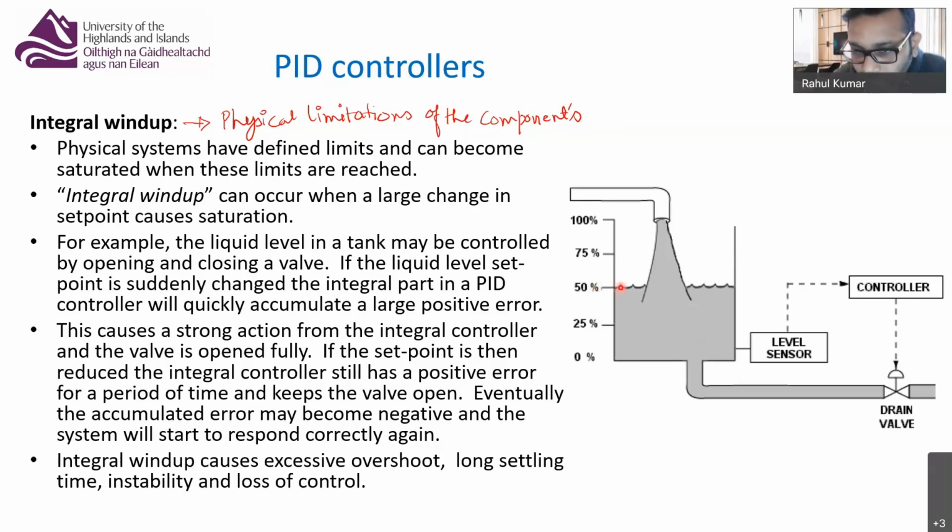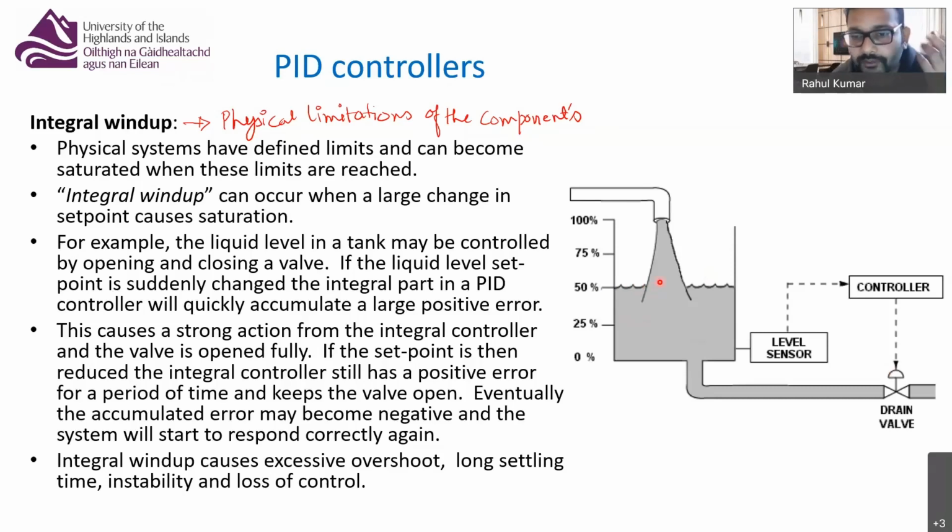If it increases, this drain valve will open, or it should open, to bring the level down to 50%. And if the level of water in this tank reduces, the drain valve should close, so that the level again increases back to 50%. So I have to maintain the level of this tank at 50%.